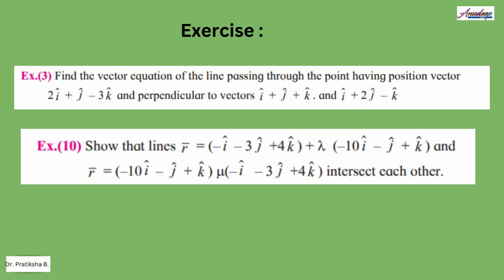Secondly, show that the line r vector equal to minus i plus 3j plus 4k plus lambda into minus 10i minus j plus k and r vector equal to minus 10i minus j plus k plus mu into minus i plus 3j plus 4k intersect each other. So solve this exercise, find the solution, and write a comment about the answers you have obtained.